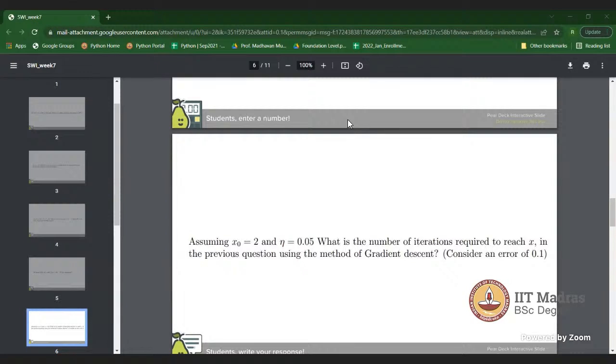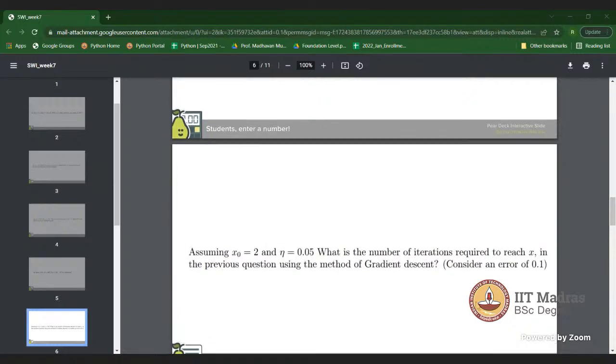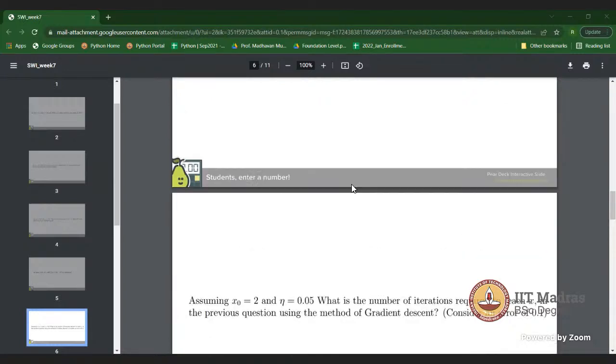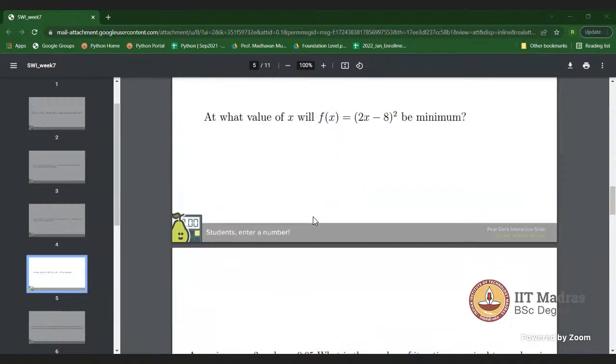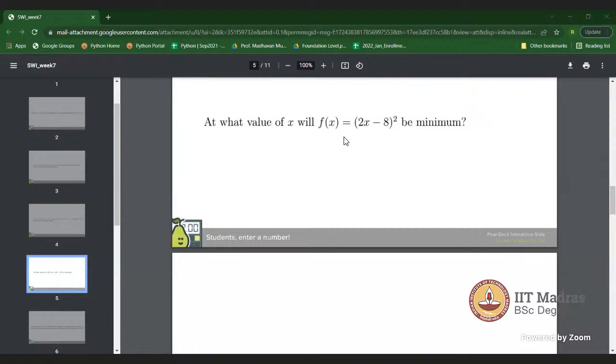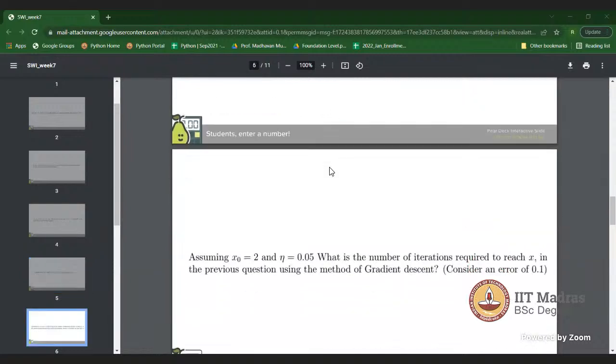Clear? Sorry, this error is not for the x value, but for the overall f of x value. If f of x is within plus or minus 0.1, then that particular x can be considered a solution.